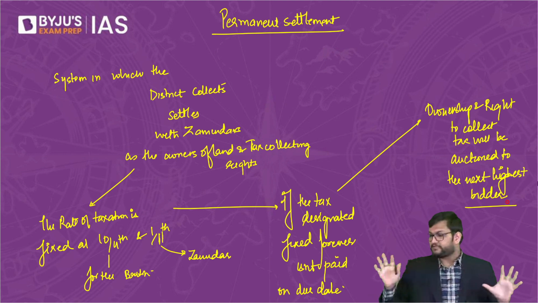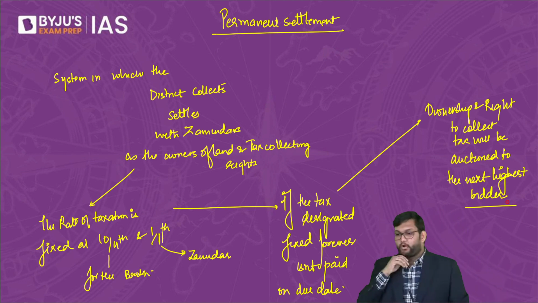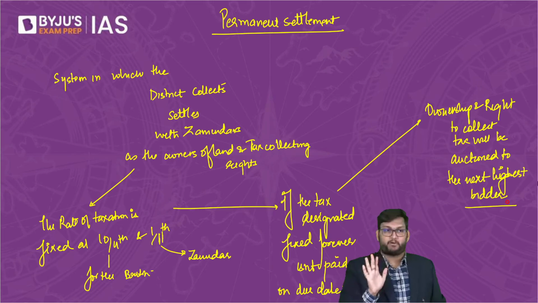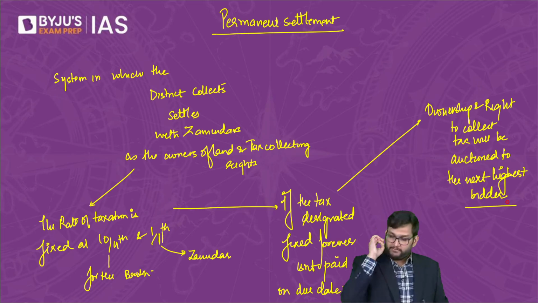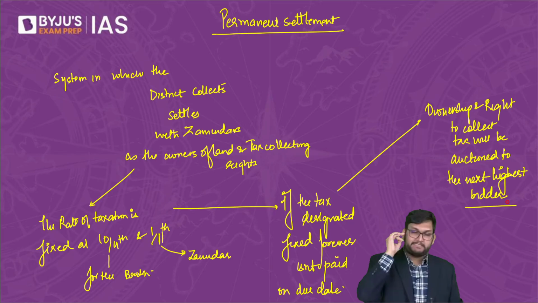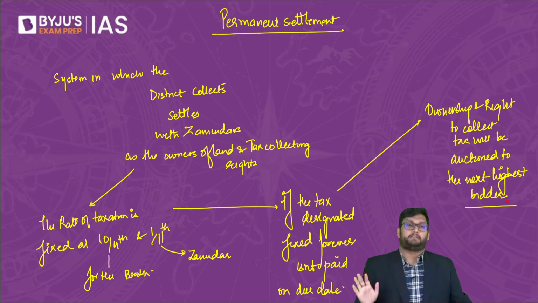And this is the basic system. You are asking me what does the profit, what is the zamindar's profit? Zero. The British ultimately were getting everything.